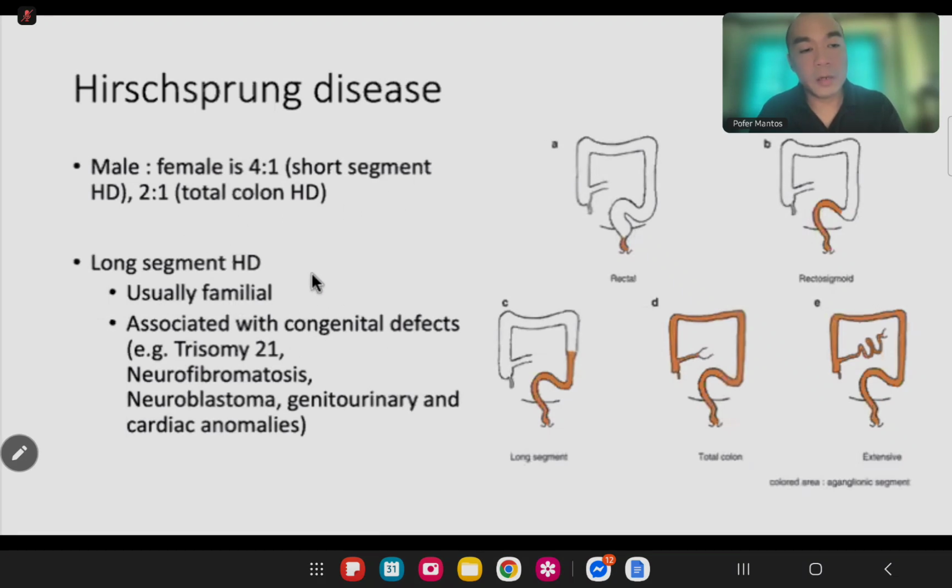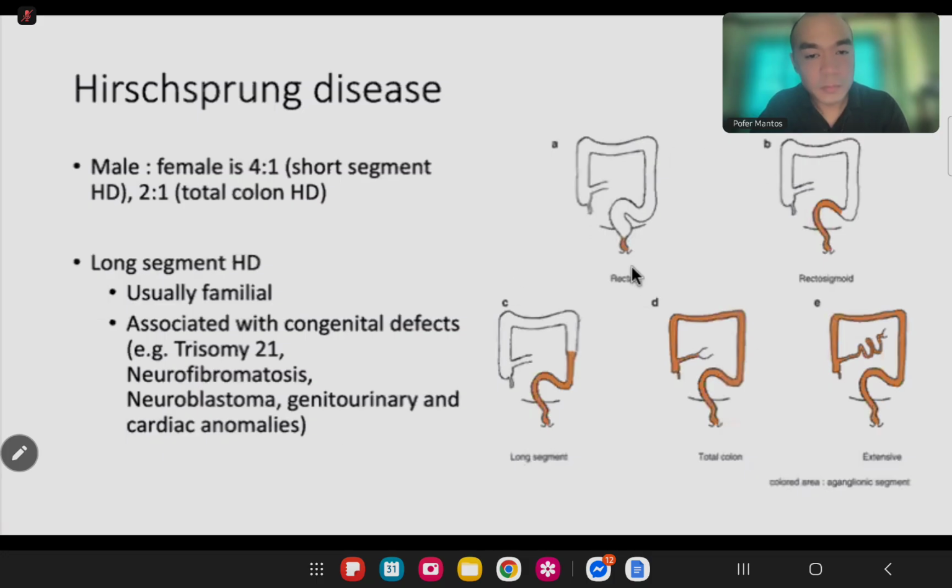So for long segment Hirschsprung disease, usually it's familial. So there is a history that a family member had the same problem. It may also be associated with congenital anomalies like Down syndrome, neurofibromatosis, neuroblastoma, etc. So here are the types.